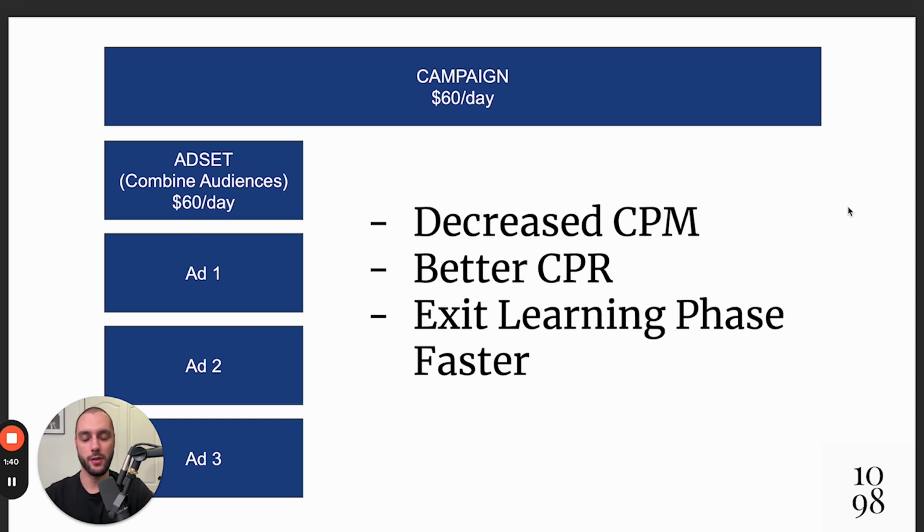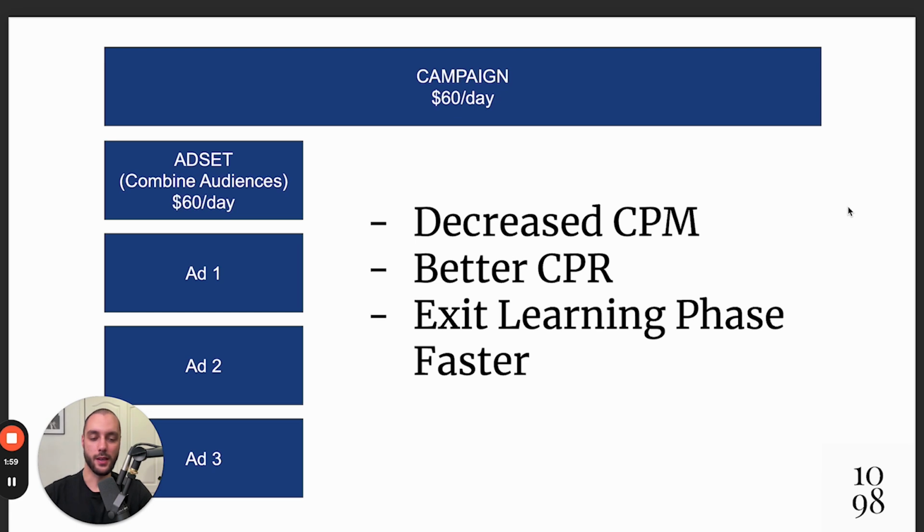Another thing they were saying is that it's going to decrease your CPM. The reason, again, is that if we're putting fewer ads out into the market, there are fewer ads overall, which means less competition, which means lower CPM.